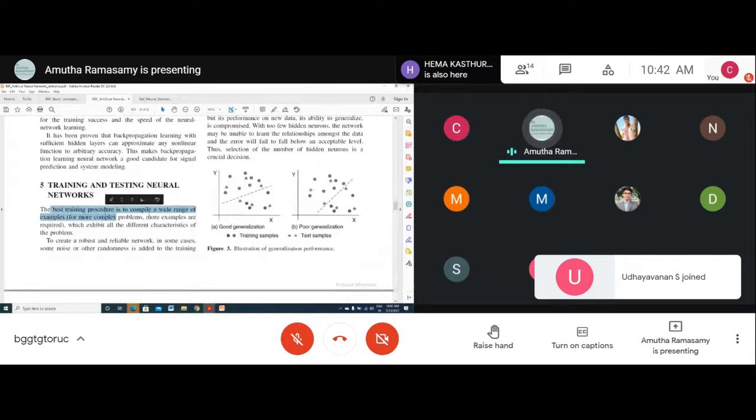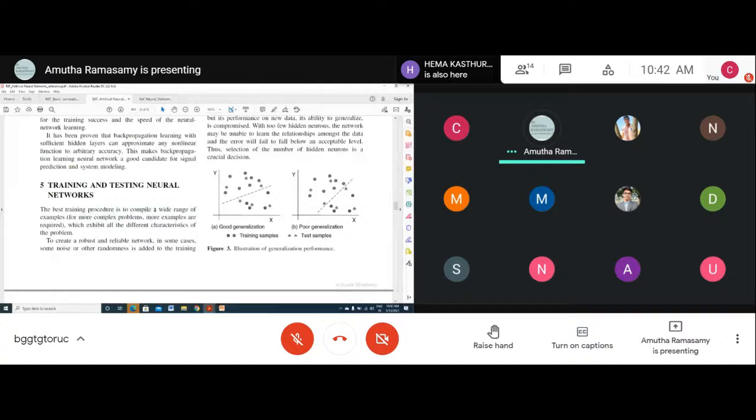The best training procedure is to compile a wide range of examples. See, wide range of examples means suppose you take a data collection of all the people in the campus, okay? And from that, your objective is to analyze the students having high IQ between 80 percent to 100 percent, which is not possible.